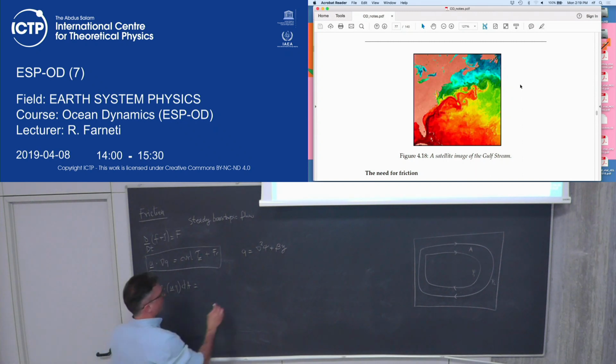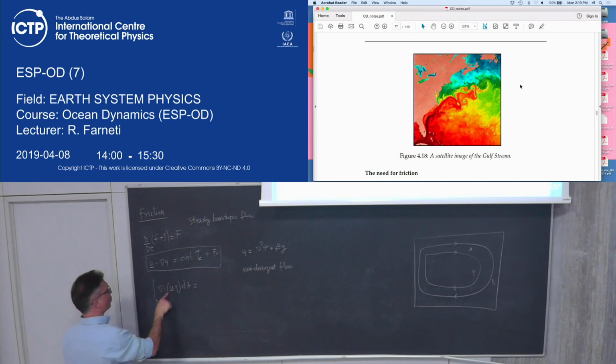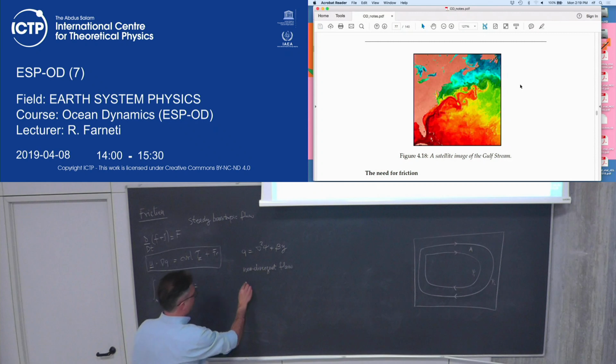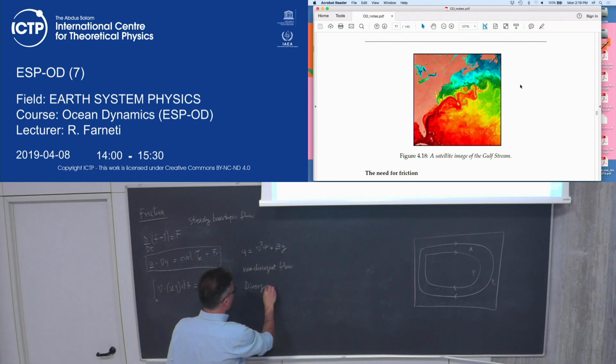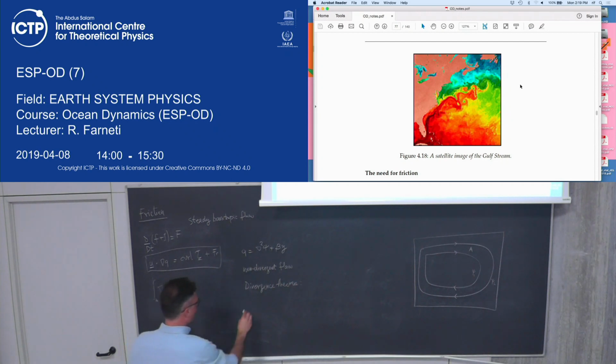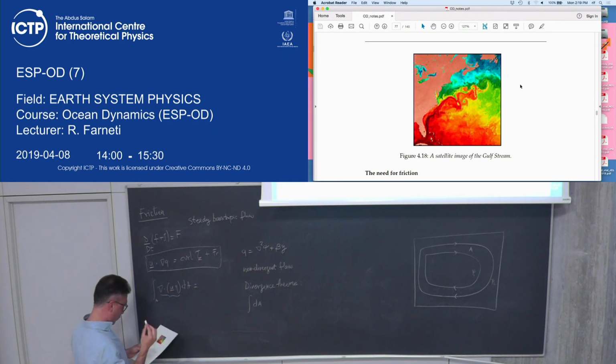And it's a non-divergent flow. So you can get to this because it's not divergent. Now what you can do here is use the divergence theorem, the two-dimensional divergence theorem.